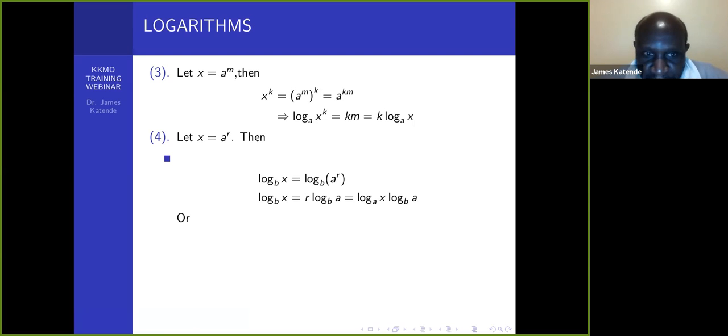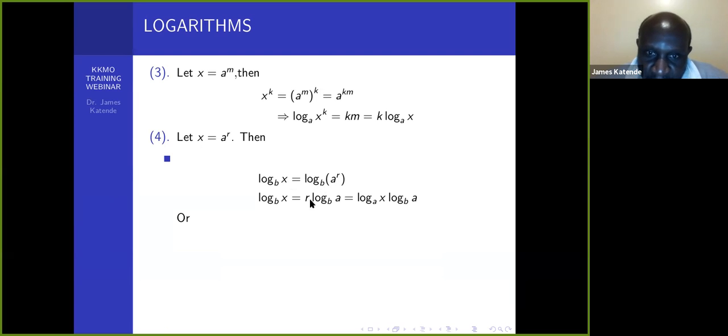So the change of base logarithm. So suppose x is equal to a raised to r. Then we can take the logarithm of both sides of the equation to the base b, so that on one end we have the logarithm of x to base b, and on the other end we have the logarithm of a raised to r base b.